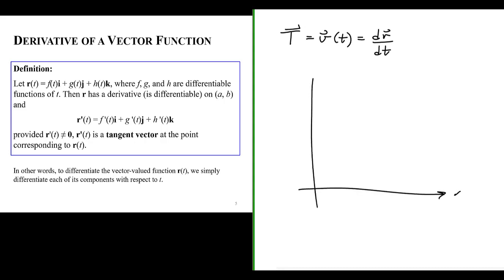If we draw our arbitrary curve representing a vector function, this curve is curve r of t. Being a vector function, it's parameterized and therefore has an orientation. We have seen that a point on the curve, point P, has a tangent vector that can be given by the derivative of the vector function with respect to t.